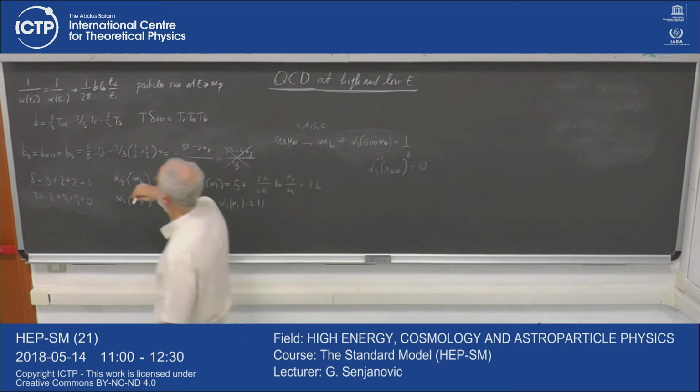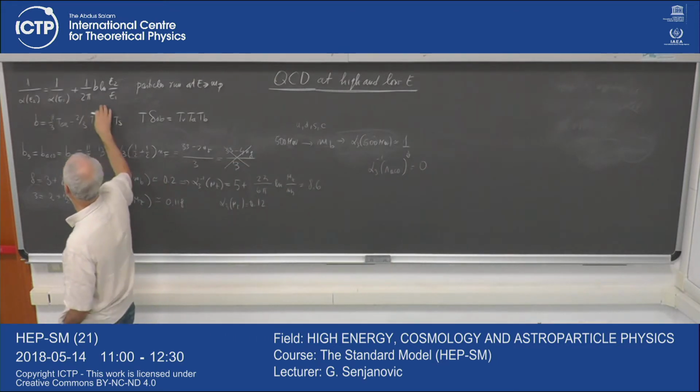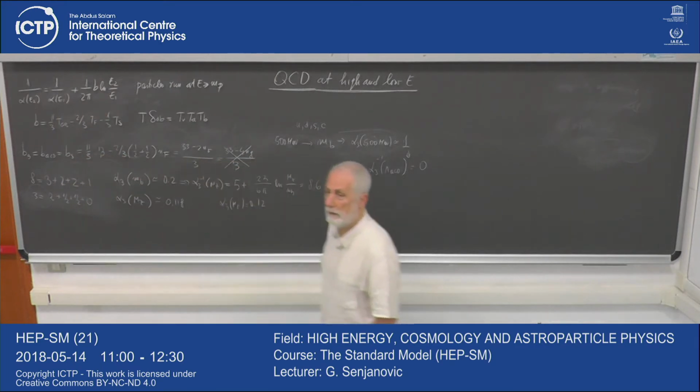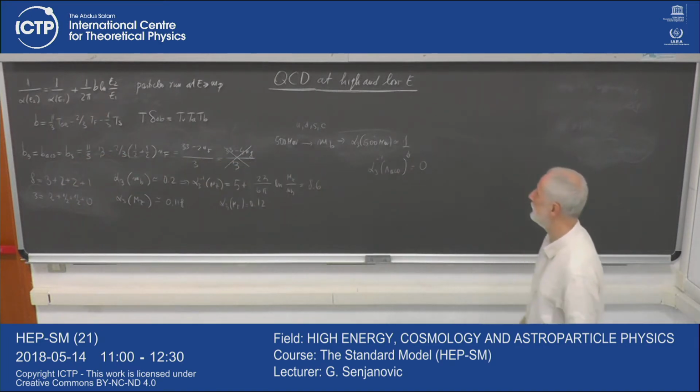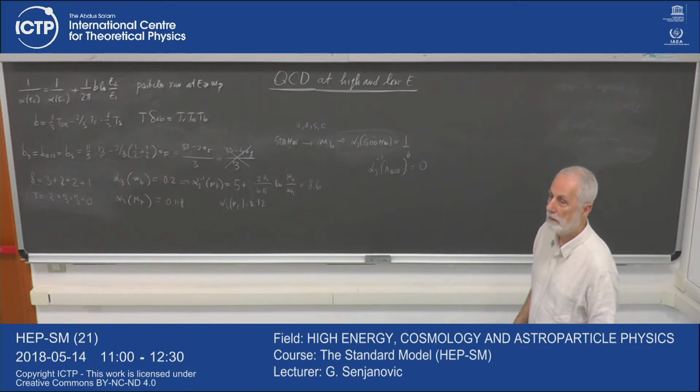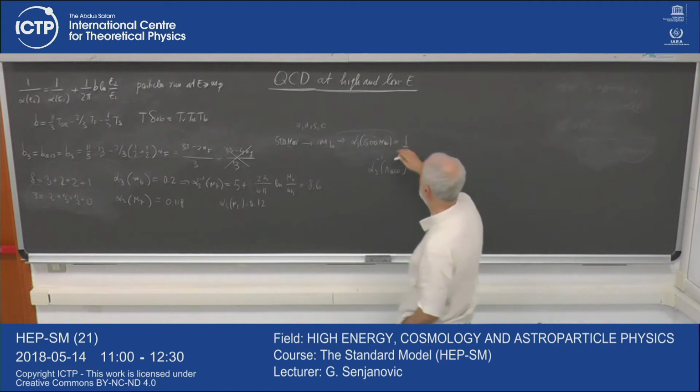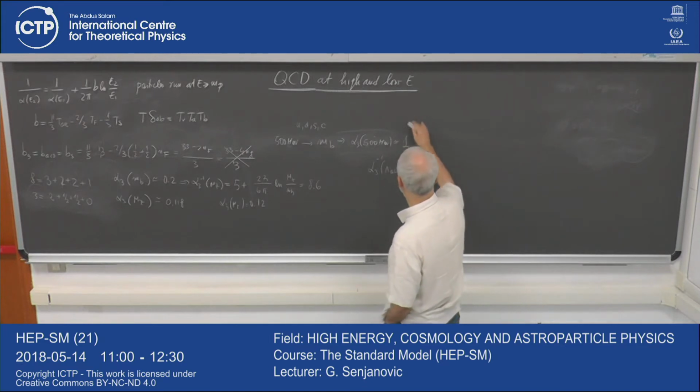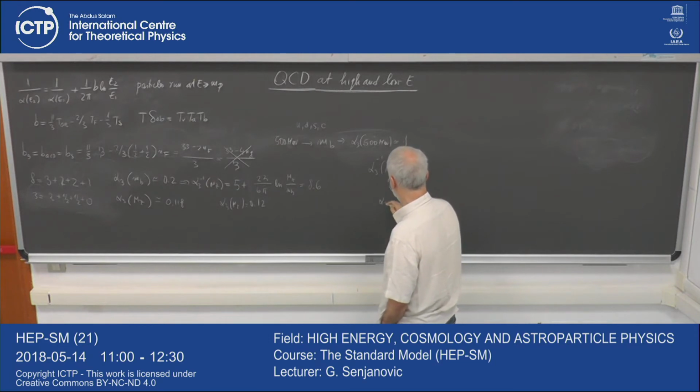All that is required is that these are equal. And we can compute that. For example, who is going to run? This is below lambda QCD. This is equivalent to saying that alpha 3 at lambda QCD is infinite.